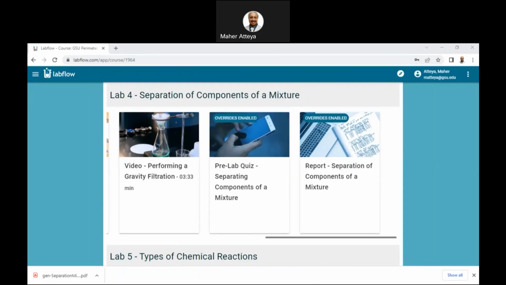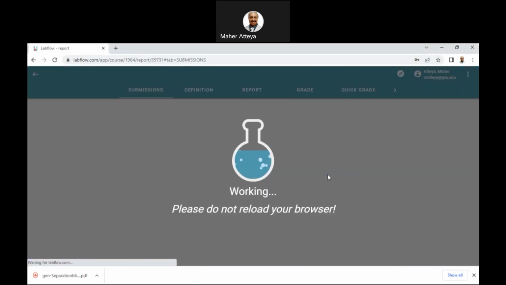Then click on the report icon on the top banner. On the top, see, click on this.